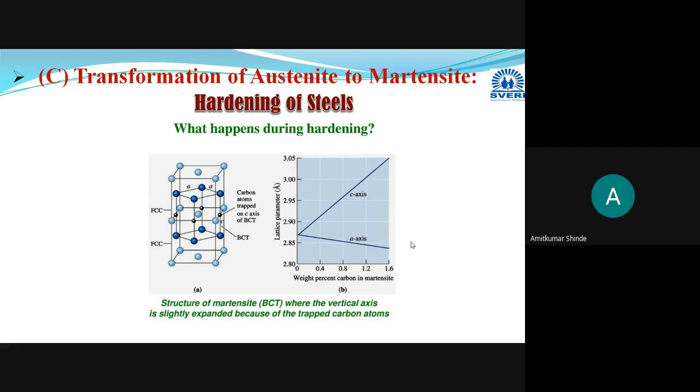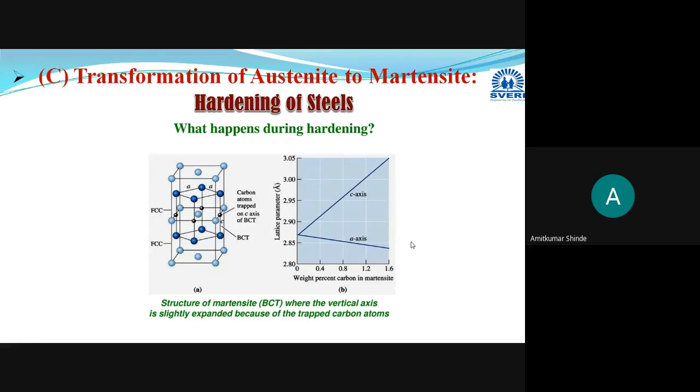Whenever we use very fast cooling rates, then instead of formation of pearlite and bainite, the austenite ends up giving the martensite product.